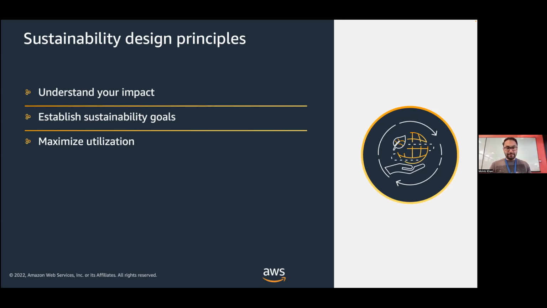So for example, two underlying hosts running at 30% utilization each would be less efficient than one host running at 60% utilization, due to the baseline power consumption per host. Whether I'm talking in general about AWS hosts, which are AWS Nitro based, AWS Nitro is the hypervisor that we use.